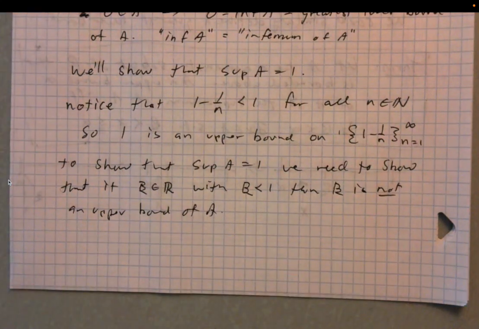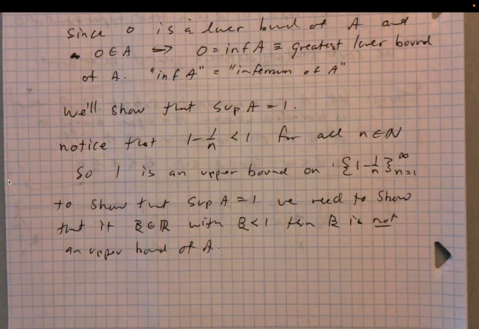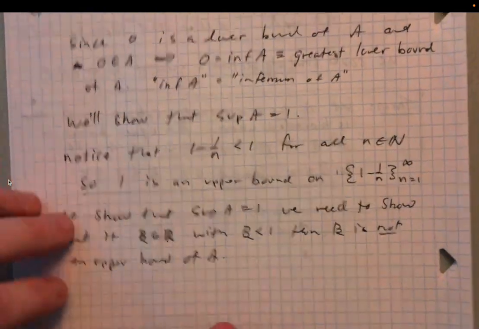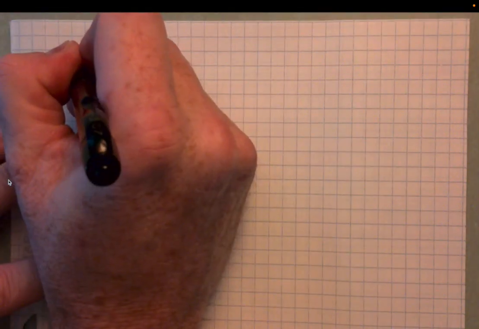We know that 1 is an upper bound, so if everything less than 1 isn't an upper bound, then 1 must be the smallest, the least upper bound, right? That's the strategy. It's a deceptively simple strategy on the surface, but sometimes you have to write these things out. You have to be very careful. As I said, things that are deceptively simple can sometimes be misleading or overlooked.